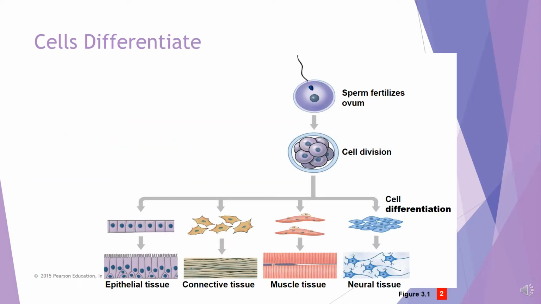Cells differentiate. So here you can see the sperm, and it's fertilizing that egg. And then we start cell division. And as this cell division occurs, these cells divide and then they specialize, which is what cell differentiation really means. Divide and specialize. And so from the single fertilized egg, you form epithelial tissue, connective tissue, muscle tissue, and neural tissue.